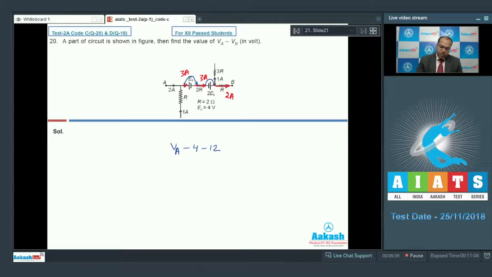Then there is a gain of potential of 8 volt, plus 8. And again there is a drop from here to here. So R is 2 ohm into 2, so minus 4 is equal to VB. So on solving, the value of VA minus VB comes out to be 12 volts. So the correct answer for question number 20 is 12.